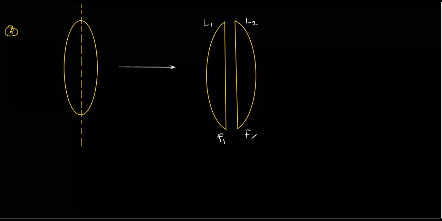Now if I want the resultant focal length, 1 by f is equal to 1 by f1 plus 1 by f1, because f2 is the same as f1. So 1 by f is equal to 2 by f1, and therefore f is going to be 2 times f1. This is the resultant focal length.